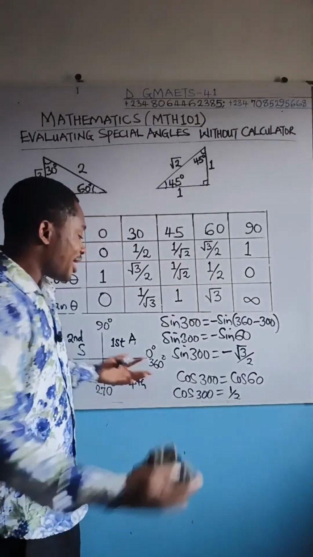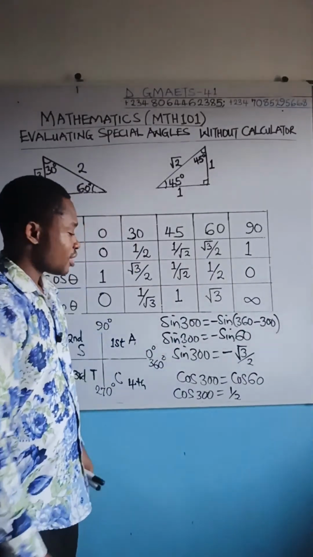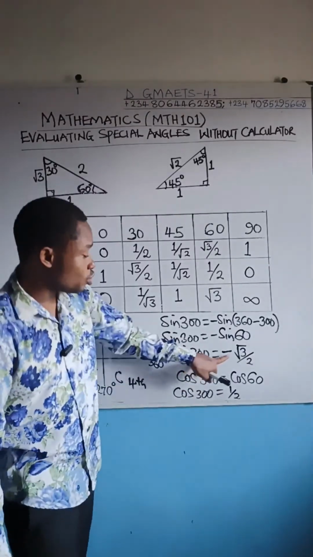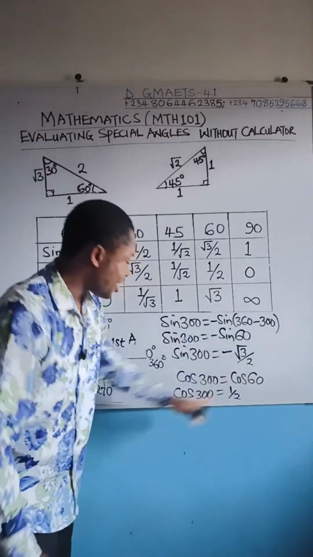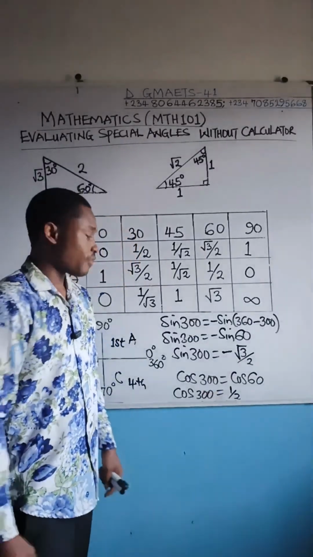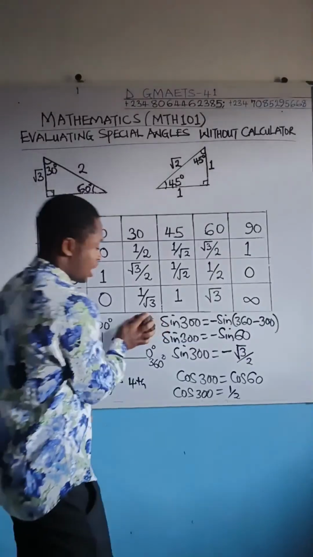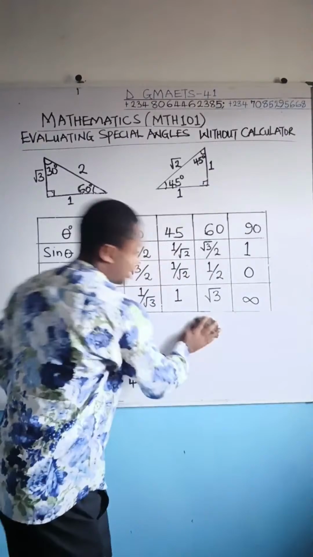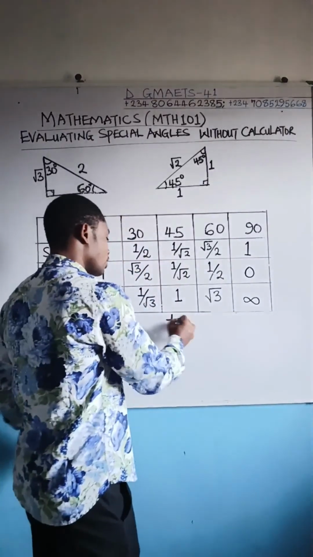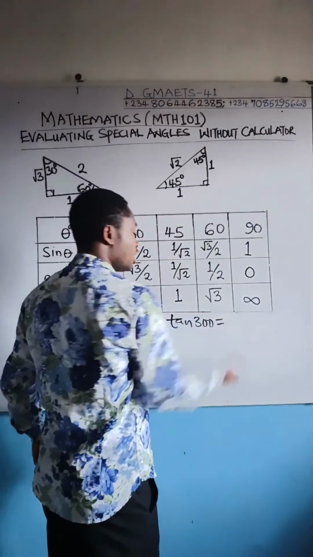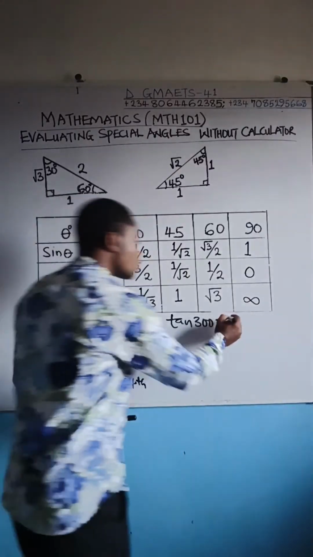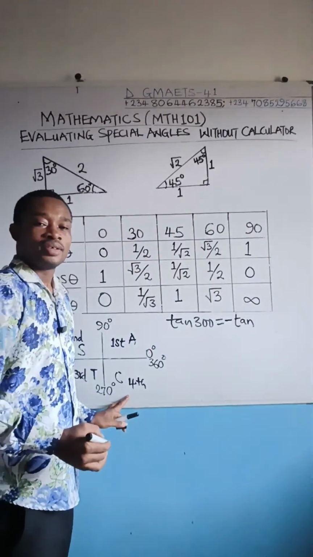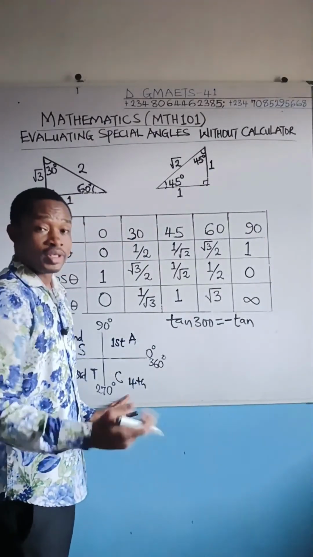So we can get tan 300, having obtained sine and cos of 300. If you want to get tan 300, you can simply do minus root 3 over 2 divided by 1 over 2, because, of course, we know that tan is sine over cos. Let us evaluate tan 300. Tan 300 will be equivalent to minus tan 60. You know how we got that 60? I've already done it using sine.